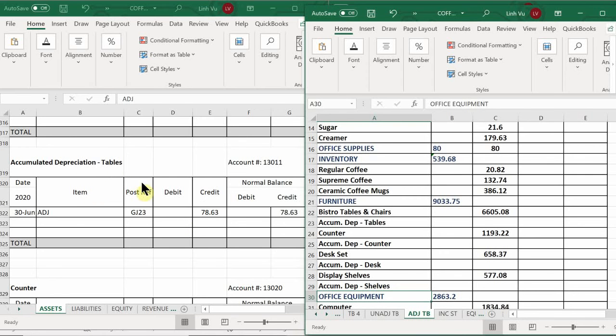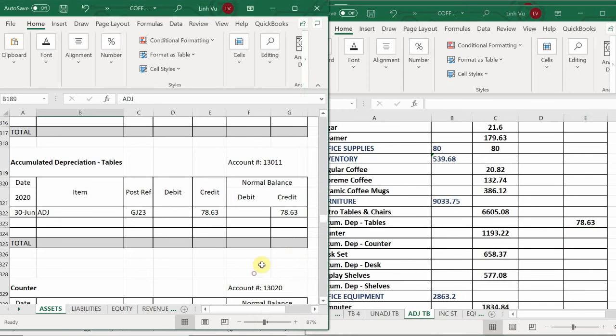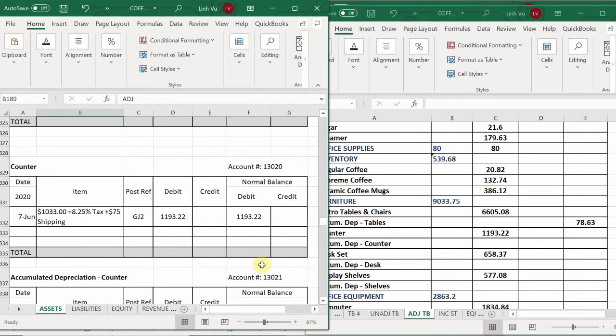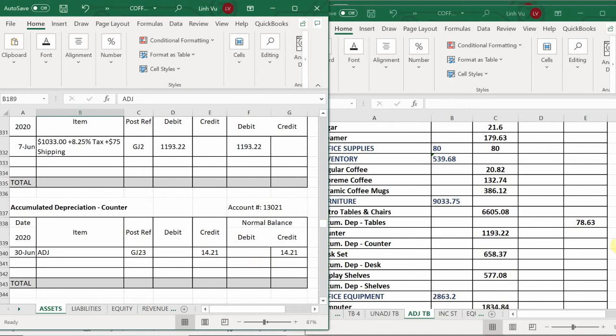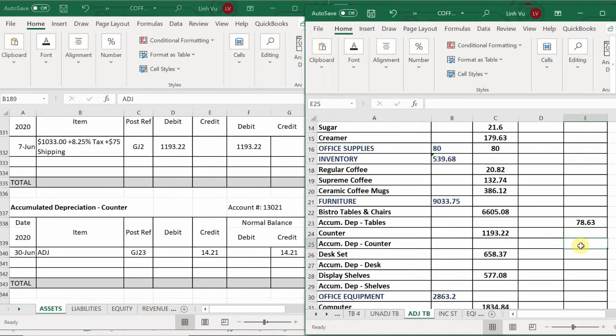My accumulated depreciation for my table is 78.63. My counter is the same, but what's my accumulated depreciation here? 1421.